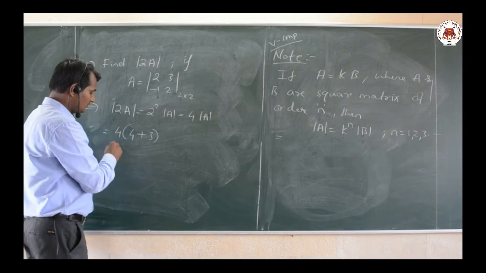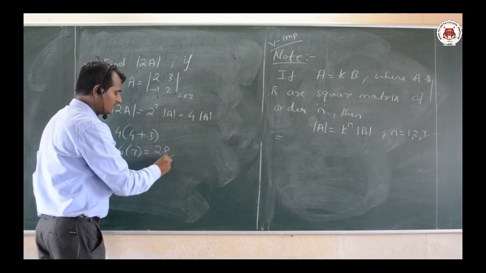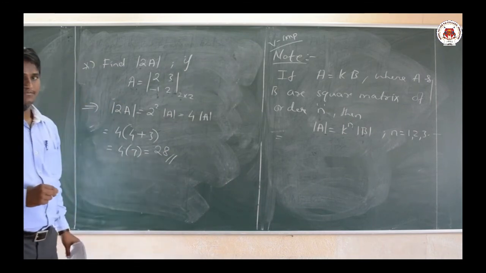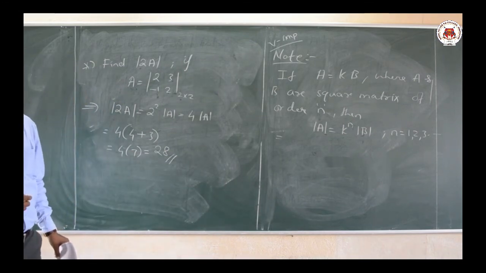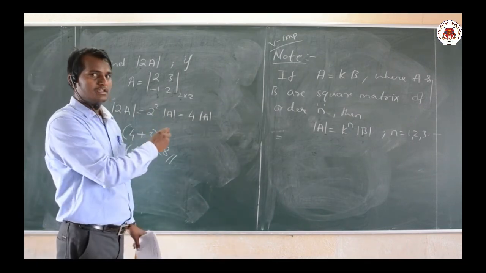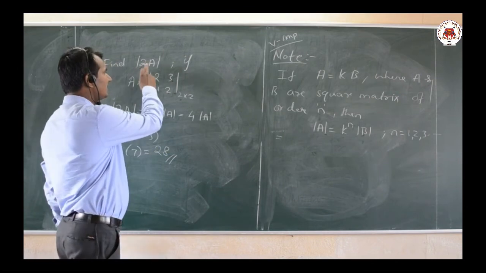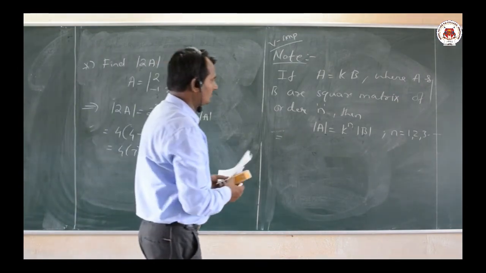What we get? 4 into 7, that is 28. The value will be 28 here. Is it clear? Dear friends, you can also solve this example by directly multiplying by 2 and then evaluating the determinant. Let us move on to another problem.